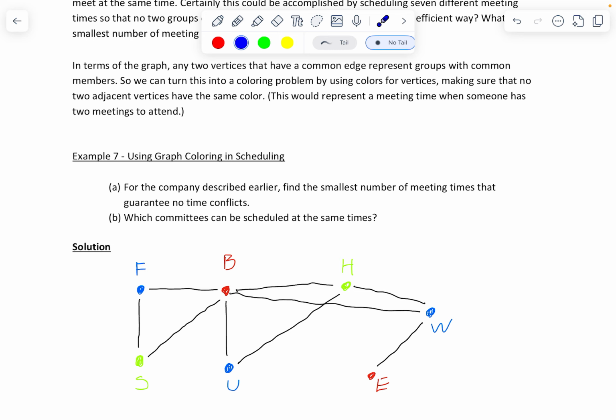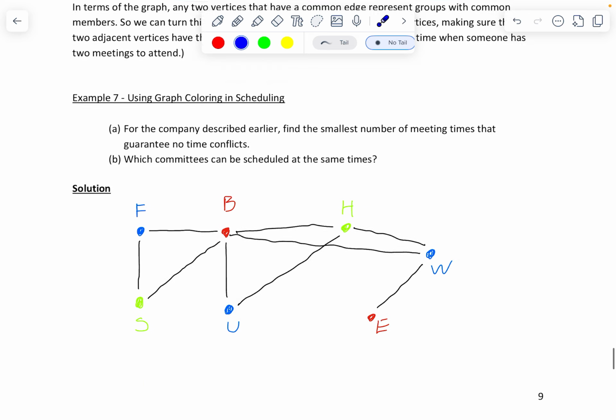So the finance, union negotiation, and healthcare and wellness groups can meet at the same time. Vertices B and E are both red, so the Board of Managers and the Employee Relations Committees can meet at the same time. Vertices H and S are both green, so the Human Resources and Strategic Planning Committees can also meet at the same time.